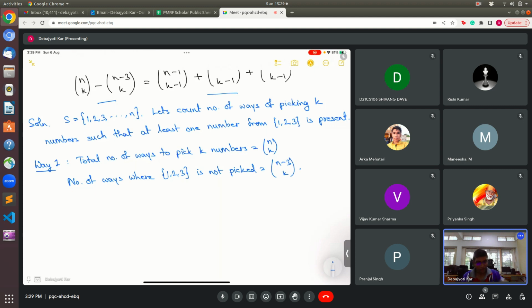Okay, so in n choose k ways we can pick k numbers, and out of them, in n minus 3 choose k of them, none of the numbers 1, 2, 3 is picked.